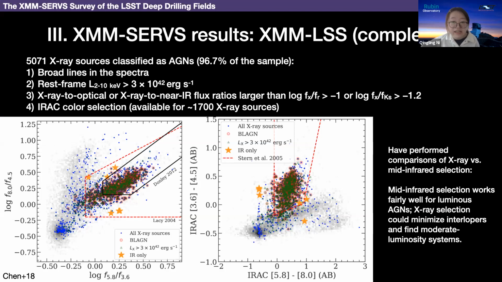We can see that it works fairly well for luminous AGNs, represented by these red triangles. However, X-ray selection could minimize interlopers and find moderate luminosity systems, as more than 200 objects not included in the Lacy wedge are identified as AGNs via method 2 or method 3.